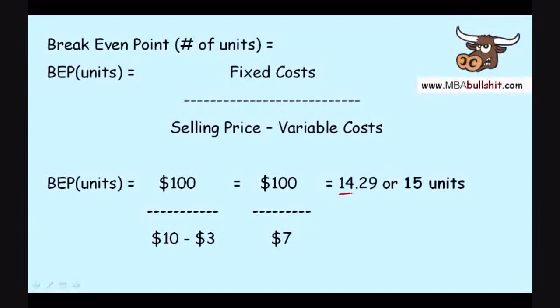So you always round it off to the higher number, 15 units. So that is your break-even point in number of units or in number of watches. You need to sell 15 watches in order to break even. And in this case, you will probably earn a small profit.